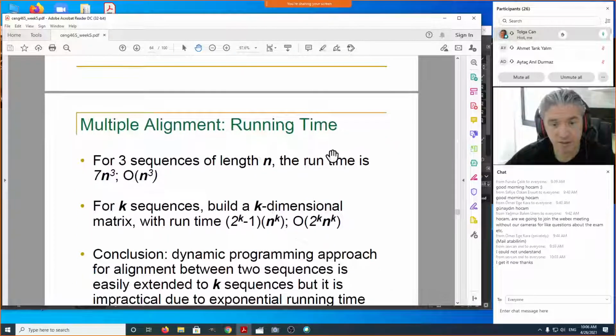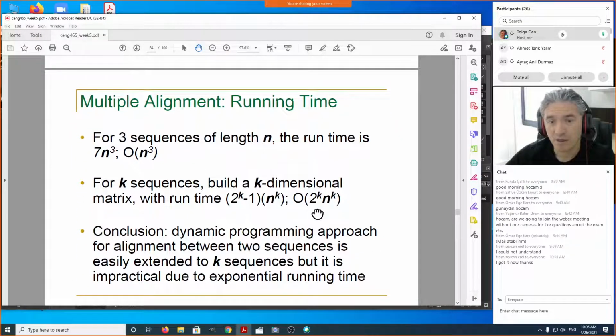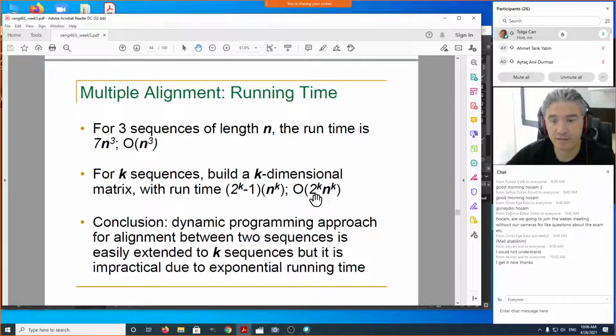So in general, as k increases, the running time is going to be exponential, O(2^k n^k), and the space that we need is also going to be n^k. The space complexity is that we need a table of size n to the power k, so space is also exponential as the number of sequences increases.